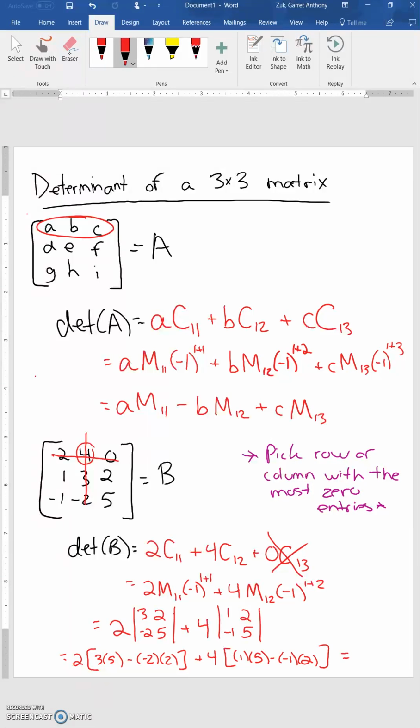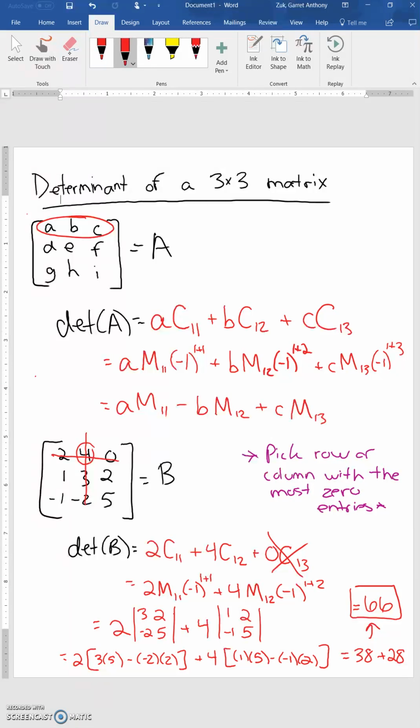Inside of this first bracket, 15 plus 4 is 19, times 2 is 38. Inside the second bracket, we have 5 plus 2 is 7. 4 times 7 is 28, which tells us the determinant of B is 38 plus 28, which is 66.